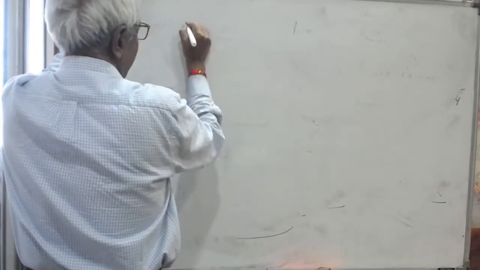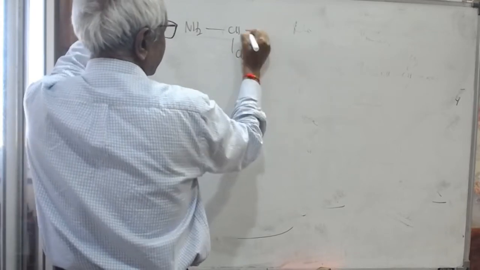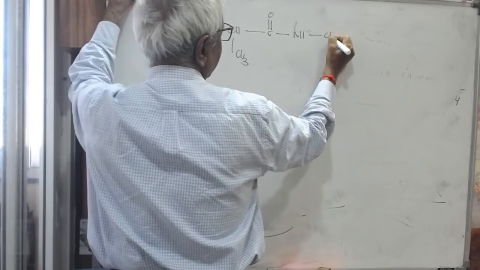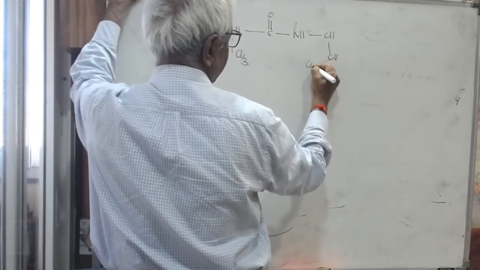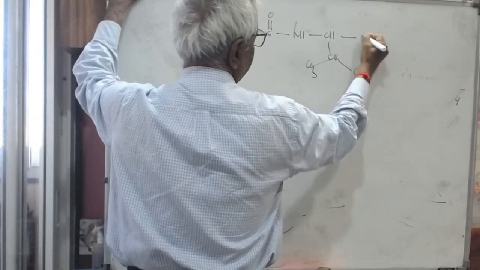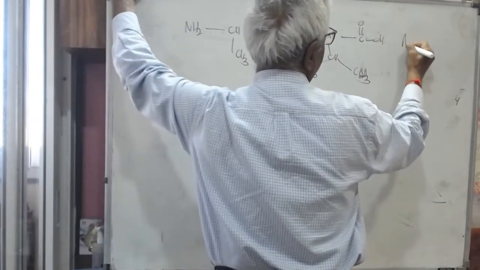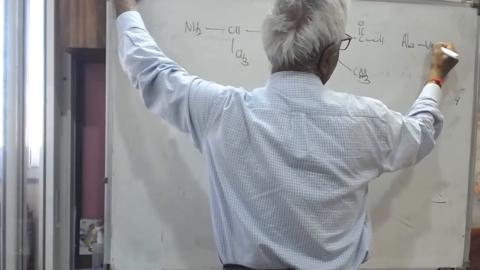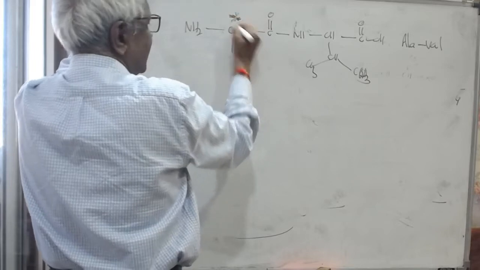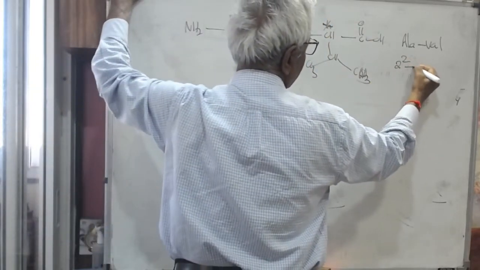So one is NH2, CH, CH3, CO, NH, CH, CH3, CH3, COOH. How do you write this one? ALA, VAL. And here one asymmetric center, here one asymmetric center, 2 to the power of 2.